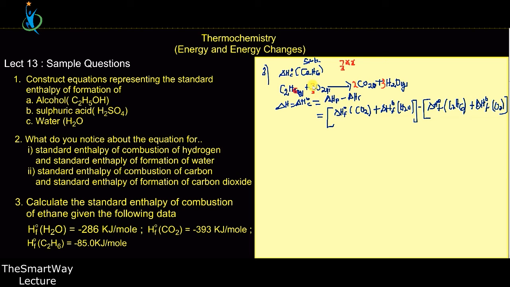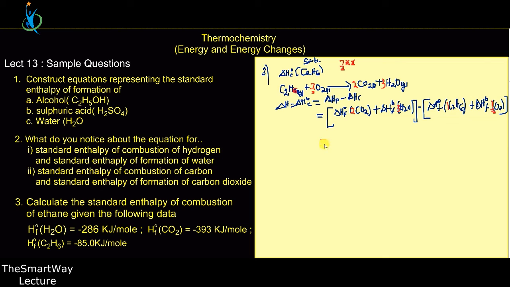So here my carbon dioxide is 2, so I put 2 over here, and my water is 3, so 3 over here, very important. And then oxygen is 7 over 2. And the last one, ethane is only 1, so 1 over here. So the moles should come in front and multiply the value that is given.